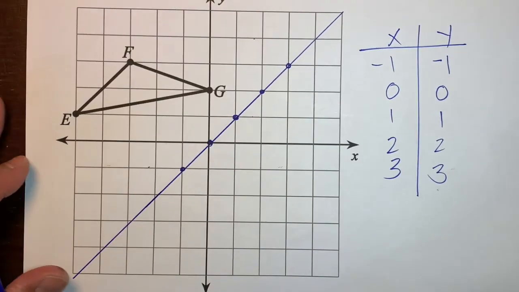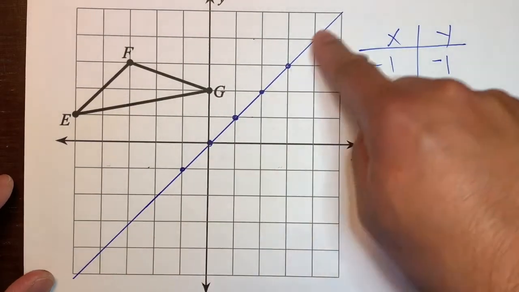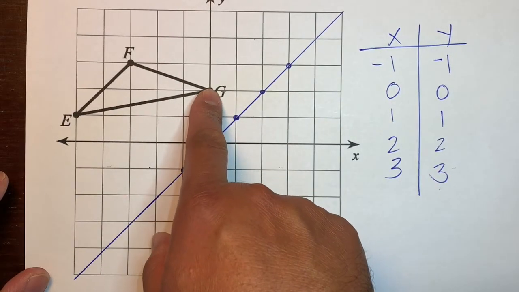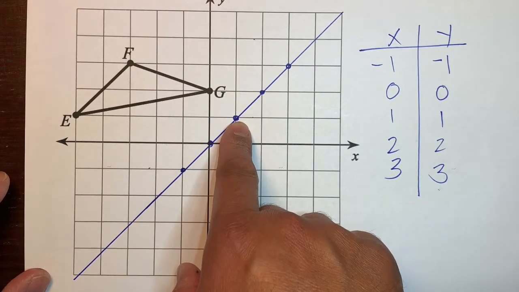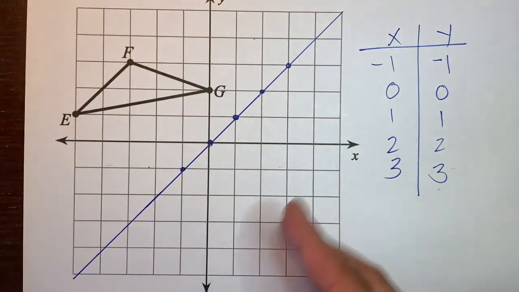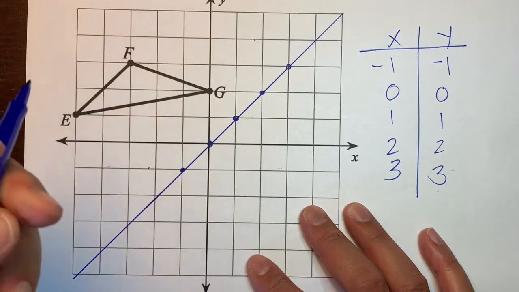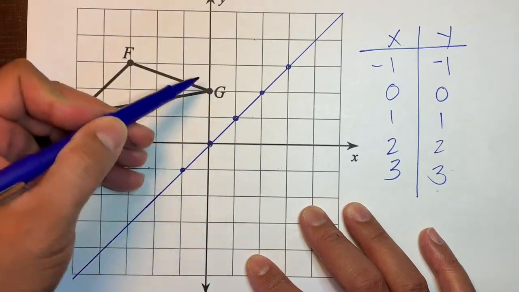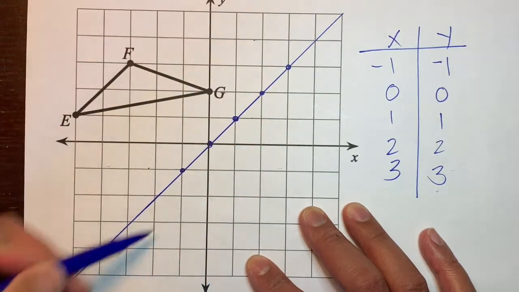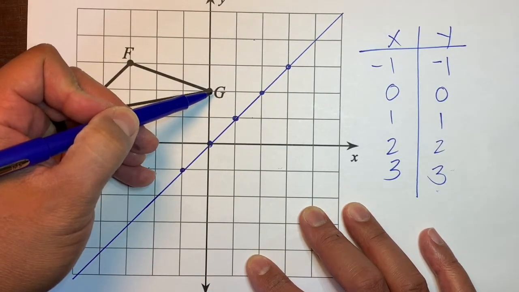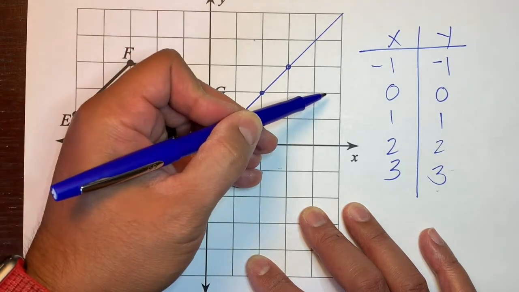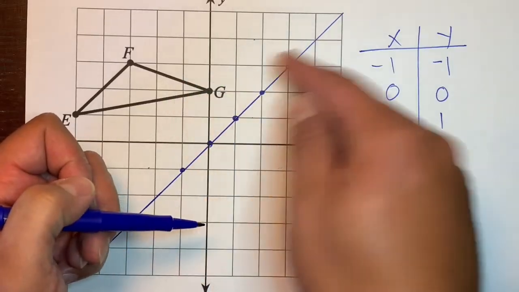Now because this line is a diagonal, we want to figure out how far away G is from this line of symmetry. If you noticed earlier in the video, the reflections make 90-degree angles, or they're perpendicular to the line of symmetry. So you don't want to count 2 horizontally and then 2 over here, because that wouldn't make a right angle.